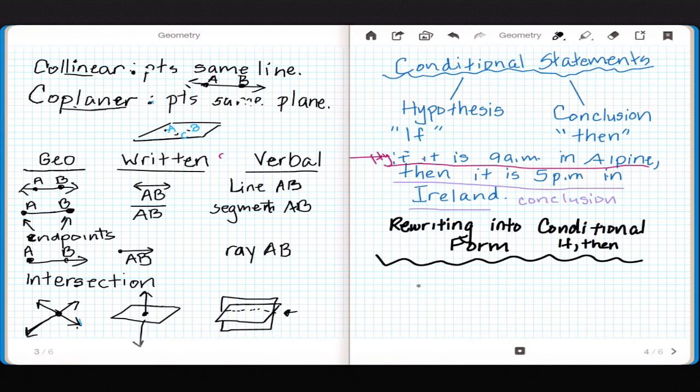So let's do something from geometry. So 2 points are collinear. We learned what that meant: on the same line.